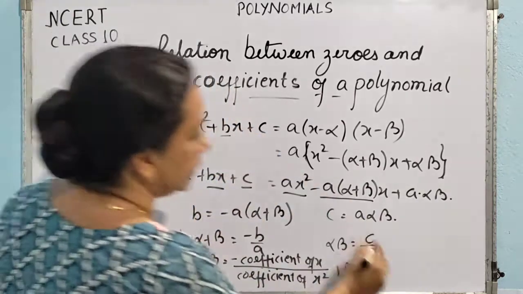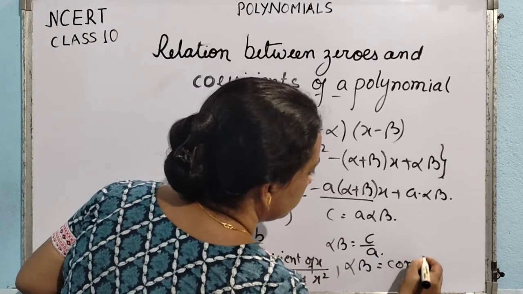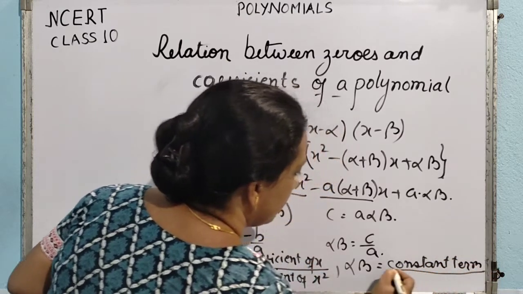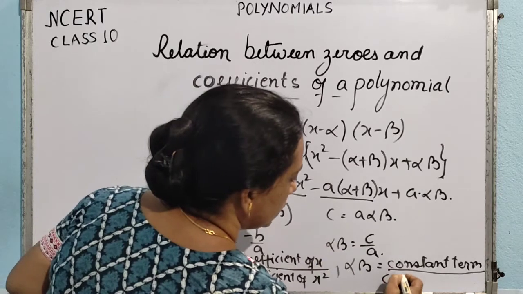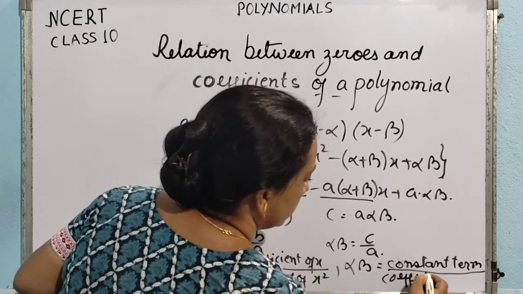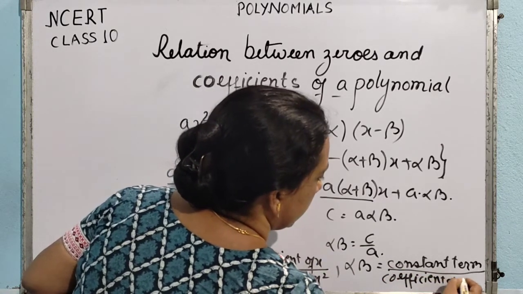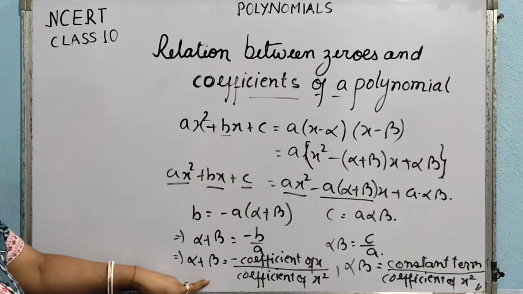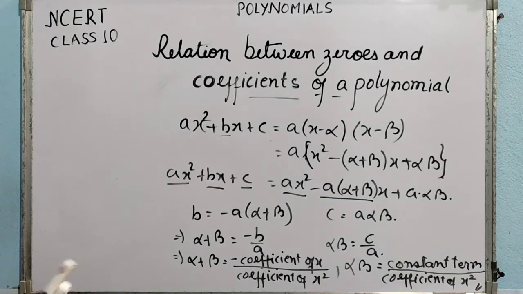What is c actually? The constant term, by coefficient of x square. So ultimately what is the relation between the zeros of the polynomial and the coefficients of the polynomial?